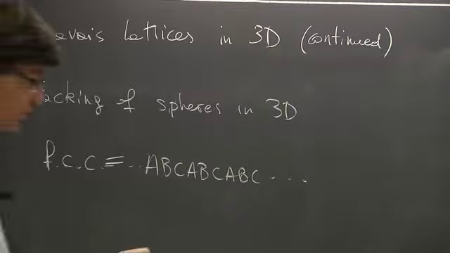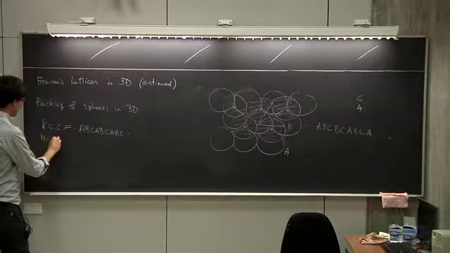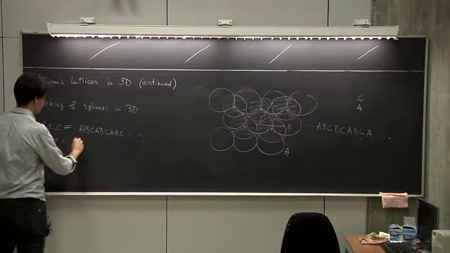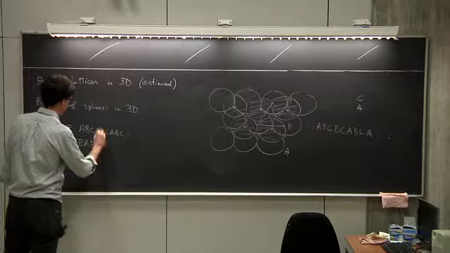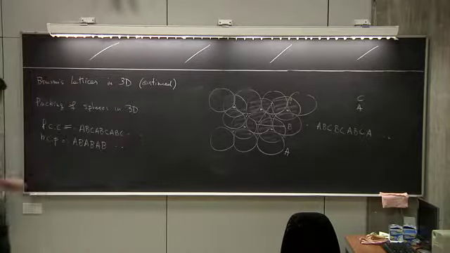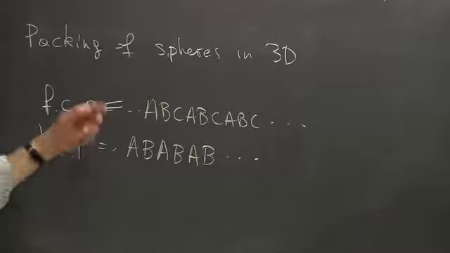There are other structures that are well known in nature, like the hexagonal close-packed structure, which is even simpler. It's AB, AB, AB. And they exist in nature. Aluminum, for example, crystallizes in the FCC structure.